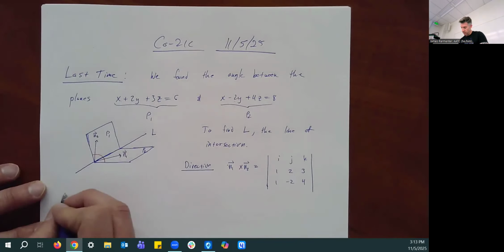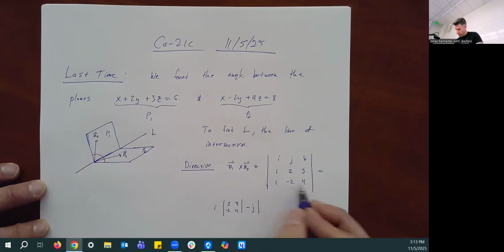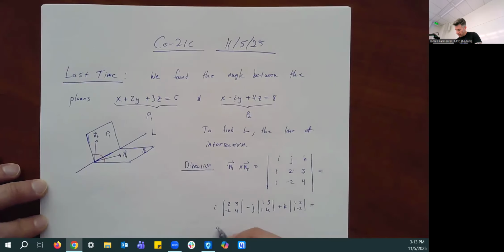It's going to be i times the determinant of 2, 3, negative 2, 4, minus j times the determinant of 1, 3, 1, 4, plus k times the determinant of 1, 2, 1, negative 2. So that's going to give us the vector i times 8 minus 6, which is 14, minus j times 4 minus 3, which is 1, so minus 1j, and then k times negative 2 minus 2, which is minus 4k.